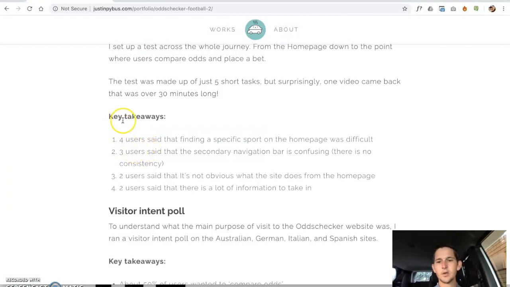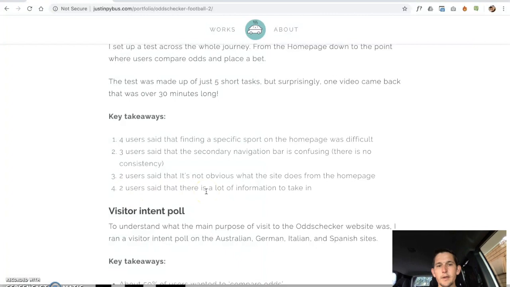And so the way I've written this up here is also quite indicative of the results. So the key takeaways. We tested with 5 different users for this user test, and 4 users said that finding a specific sport on the homepage was difficult. 3 said that the secondary navigation bar is confusing, that there's no consistency. 2 users said that it's not obvious what the site does from the homepage, and 2 users said there's a lot of information to take in.